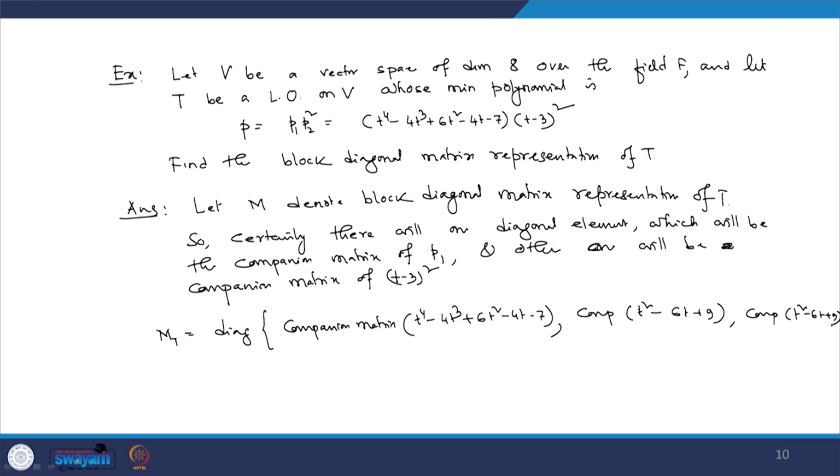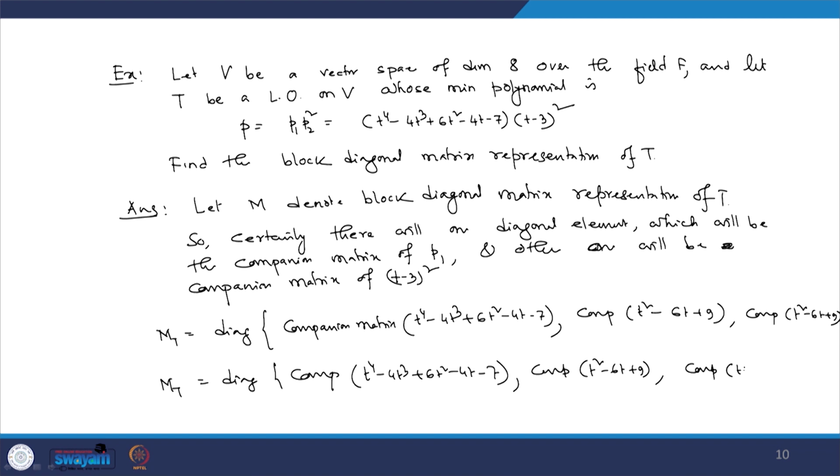So, this is one possibility, and the other one may be the diagonal of the companion matrix of the first one, t to the power 4 minus 4t cube plus 6t square minus 4t minus 7, then the companion matrix of t square minus 6t plus 9, and the other ones we can consider as the companion matrix of t minus 3 and the companion matrix of t minus 3.